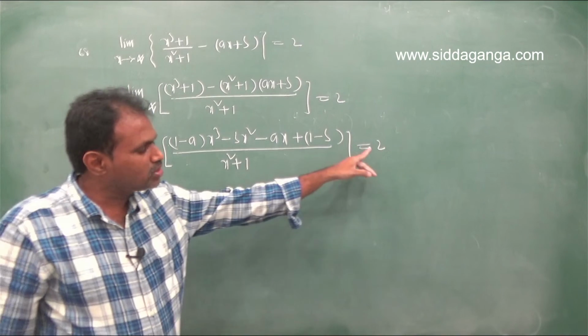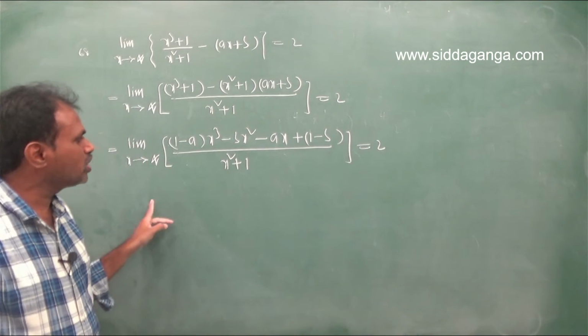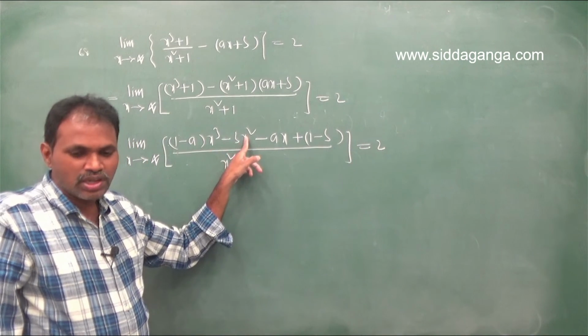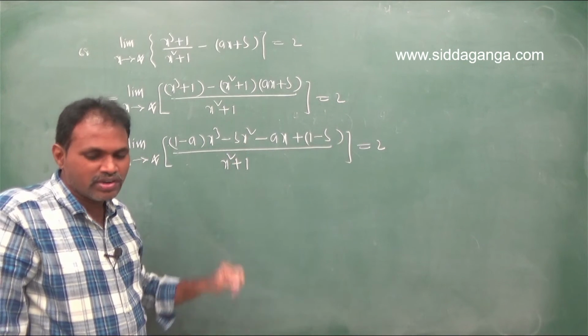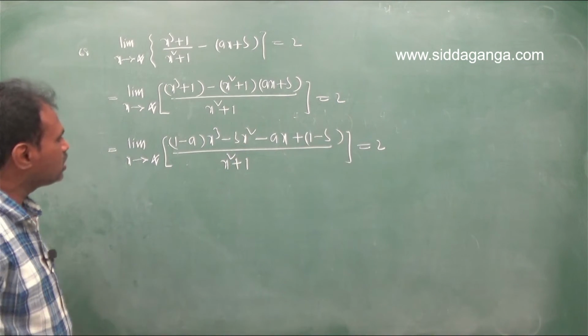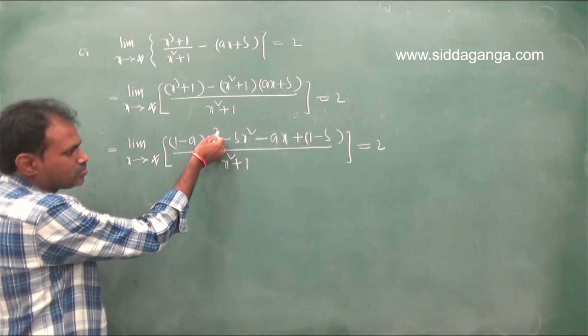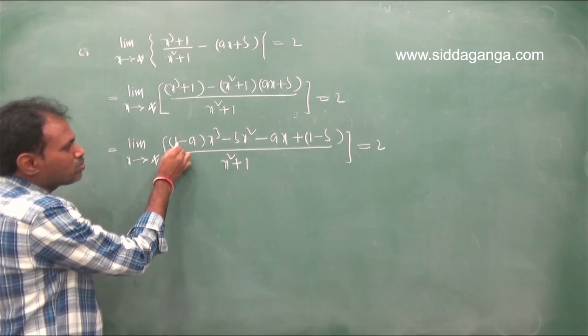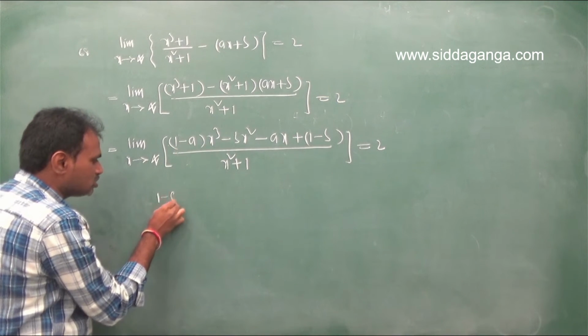Therefore we have to get the numerator degree and denominator degree equal. But here the numerator degree is 3, therefore the 1 minus a value has to be 0. Why?